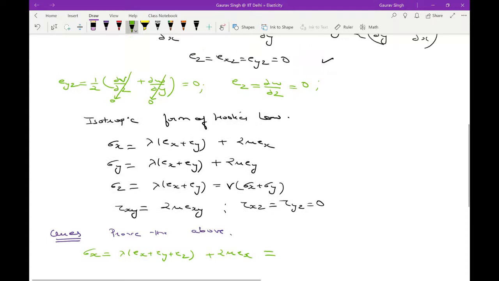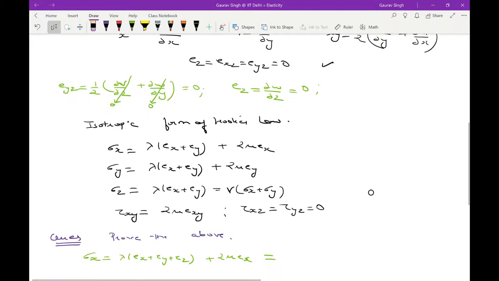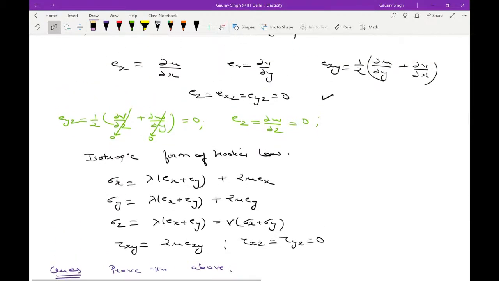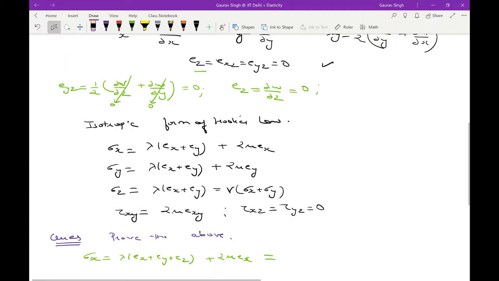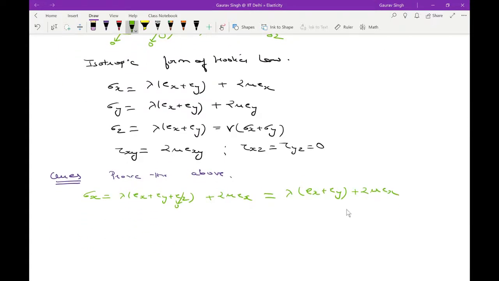Now if you look at this, ex is there, ey is also there, but ez is 0. Ez is 0, so this quantity would become 0, and that would mean that this is equal to lambda (ex plus ey) plus 2 mu ex.